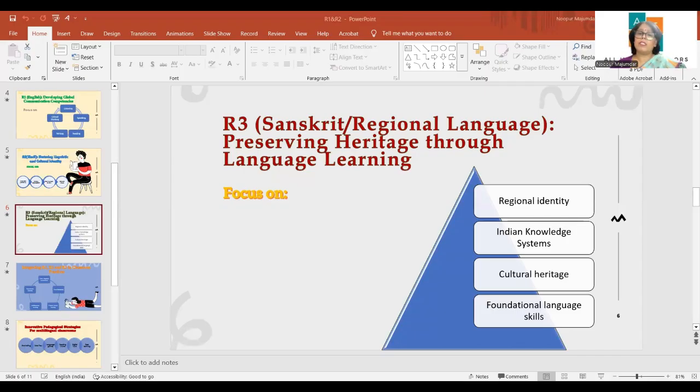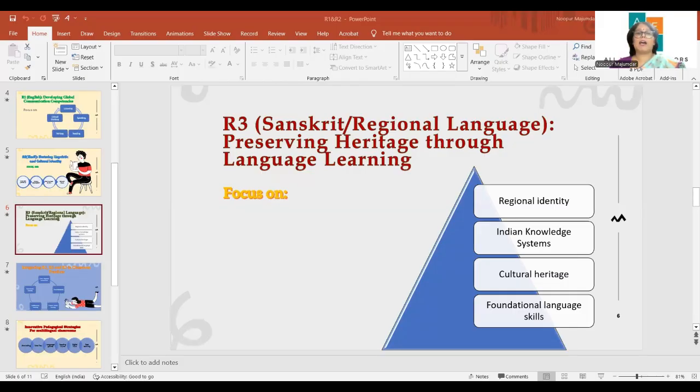So, dear educators, CBSE's aim is not to burden the student with another subject, but to nurture multilingual, culturally aware and responsible citizens who can connect with India's heritage while participating confidently in an interconnected world. This world is interconnected. So we have understood the unique purpose of each language.